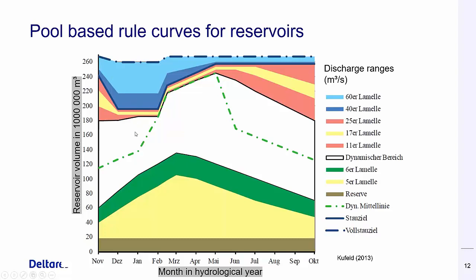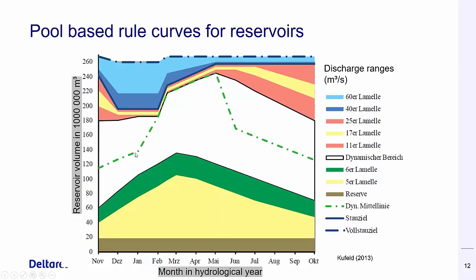If there's less water in the reservoir, then we release less, and here the white space is a kind of dynamic range where the operators can decide by themselves between 11 or 6 what they want to release. And if the reservoir is filled with water up to the maximum volume, then the discharge is even higher. In the summer, it's quite different.